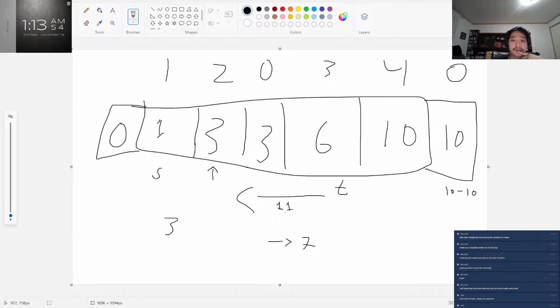Oh, I was completely way off. This is not the cost. I was just being dumb. 3. And this way it would be 1, 0, 4, it would be 5. Wouldn't it? And you also added this number.